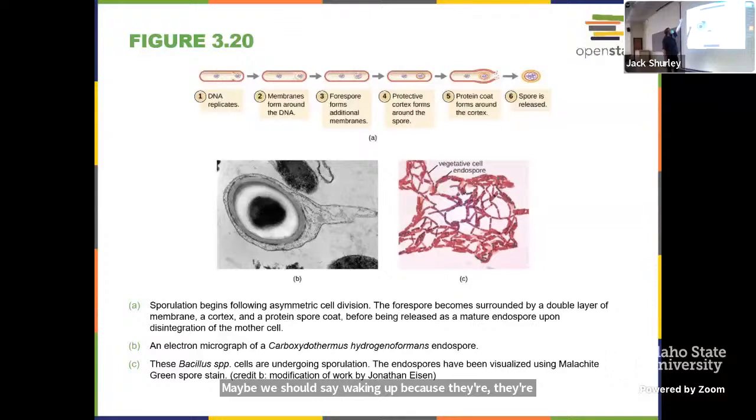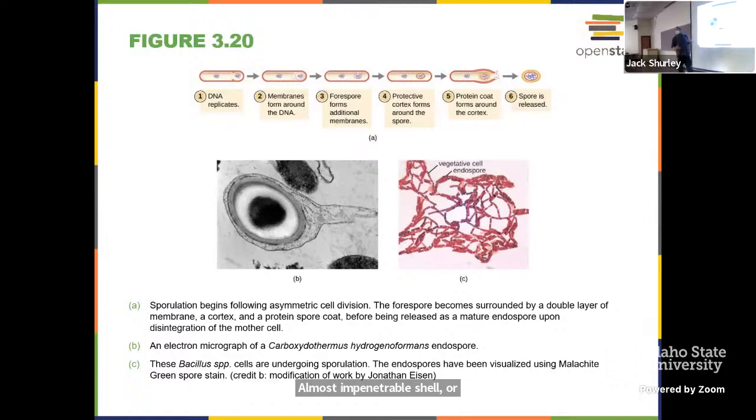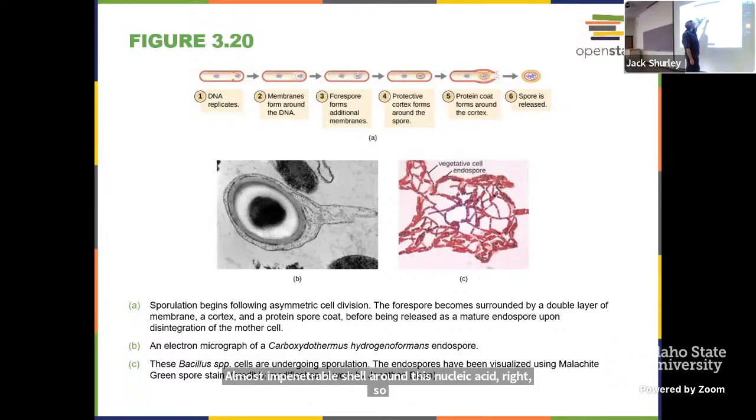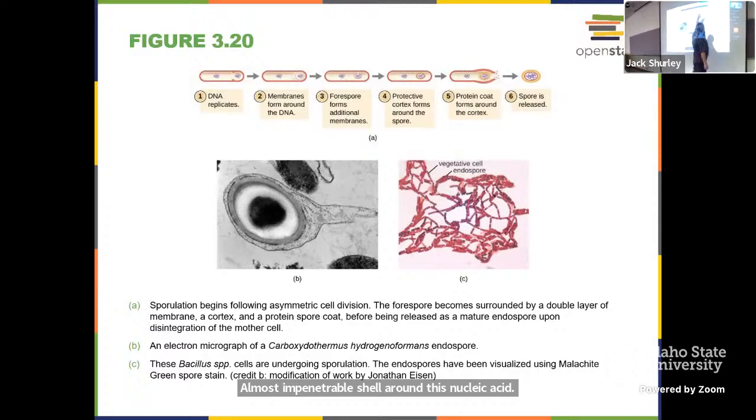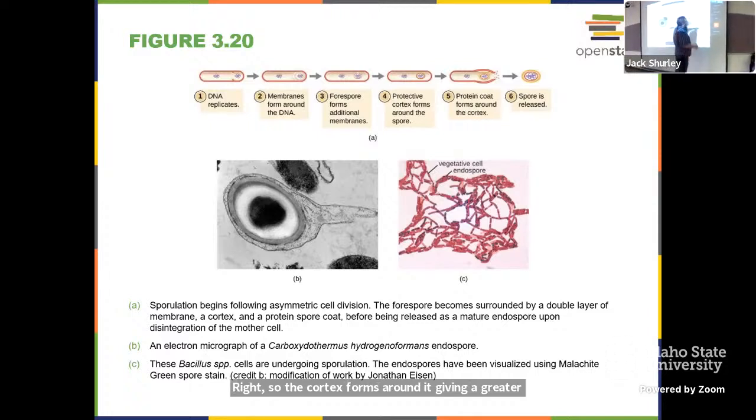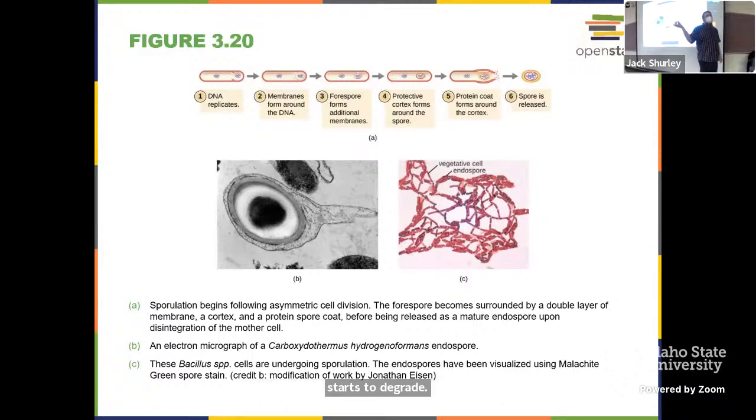So we start forming this membrane around it. It forms this spore as it keeps depositing more membrane material, creating a very thick, almost impenetrable shell around this nucleic acid, all right? So the cortex forms around it, giving it greater levels of protection, and then the cell starts to degrade. It opens up, and what you're left with is just this spore. The rest of it, the remainder of the cell, degrades, all right?